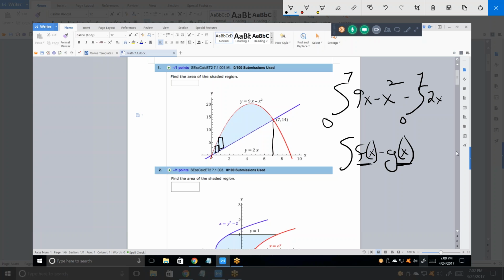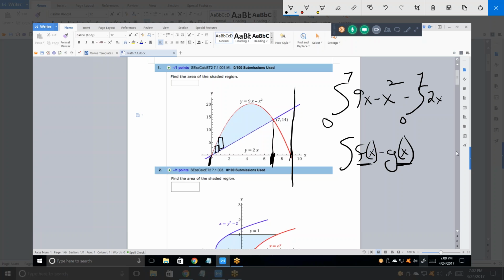Okay. If they switch places, in other words, let's say they wanted us to find the area all the way over to 9. Well, notice that after 7, the blue line is above the red line. So I wouldn't be able to do it all in one step. I'd have to go from 0 to 7, where I'm going to take the red minus the blue, and then I'd have to go from 7 to 9, and I would take the blue minus the red.